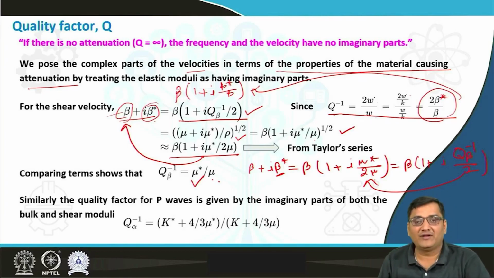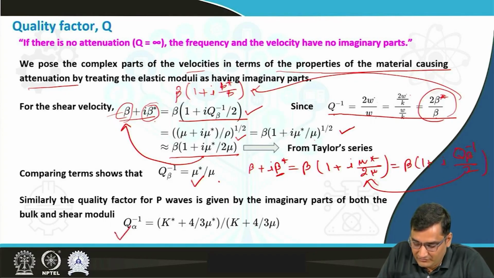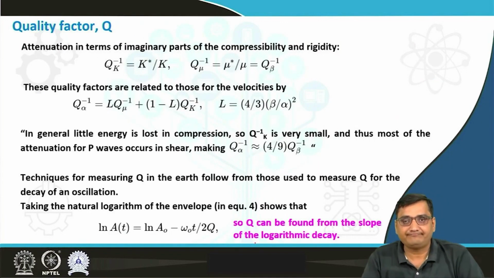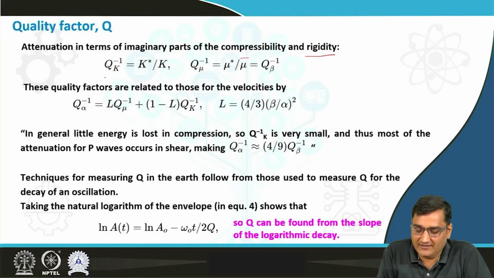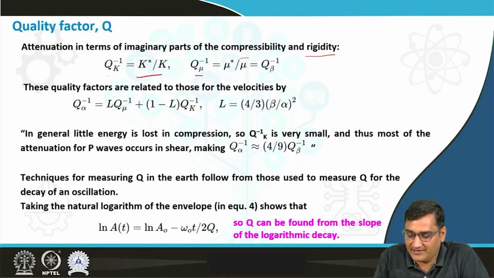Similarly, the quality factor for the P wave can also be calculated. Then Q alpha inverse will be equal to K star plus 4 by 3 mu star divided by K plus 4 by 3 mu. The attenuation terms of the imaginary part of the compressibility and the rigidity can also be written: Q K inverse is equal to K star by K, and for the rigidity Q mu inverse is equal to mu star by mu, which is basically equal to Q beta inverse.